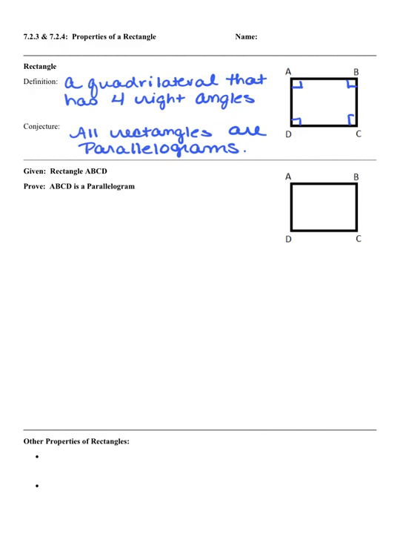Because ABCD is a rectangle, we know that we have 4 right angles. Now, to prove that a figure is a parallelogram, we need to show that opposite sides are parallel to each other. And we've said many times before, the easiest way for us to show that we have parallel lines is to start showing that some of the angle relationships that exist when lines are parallel hold true in the figure.